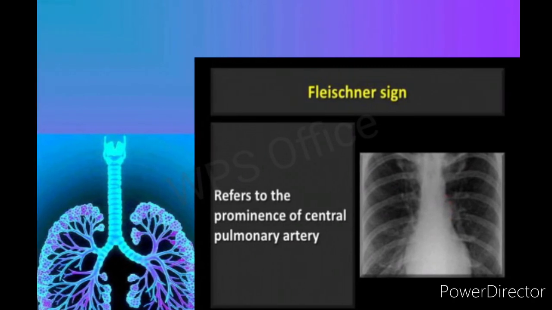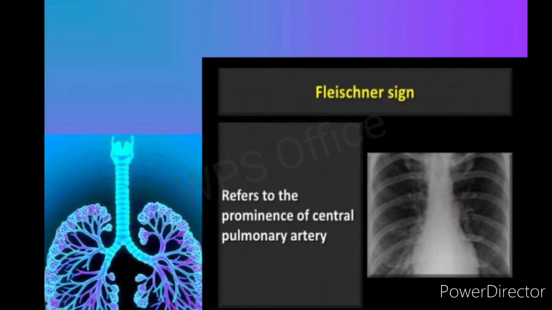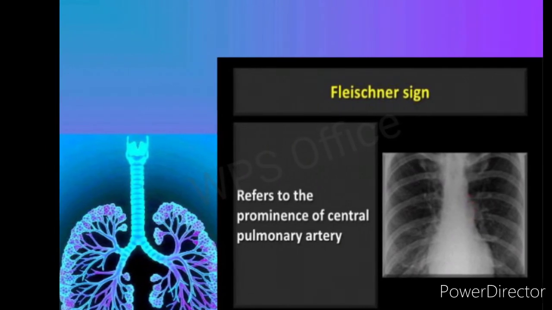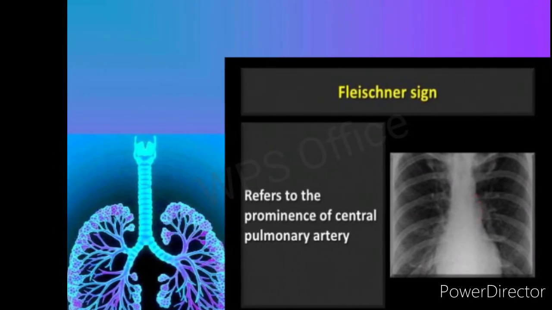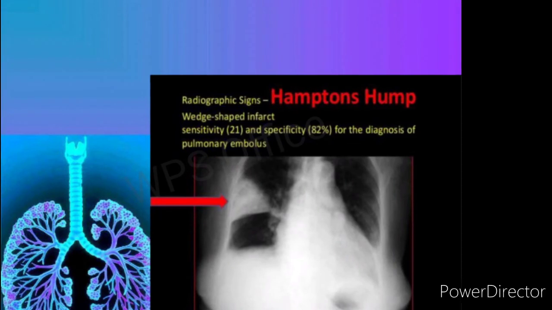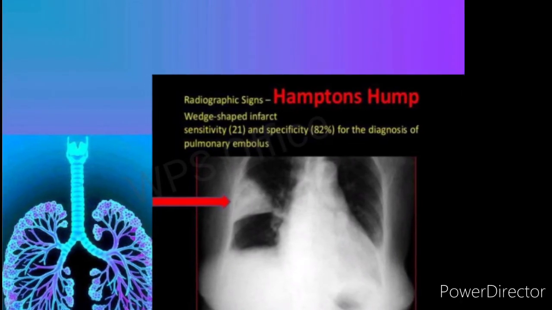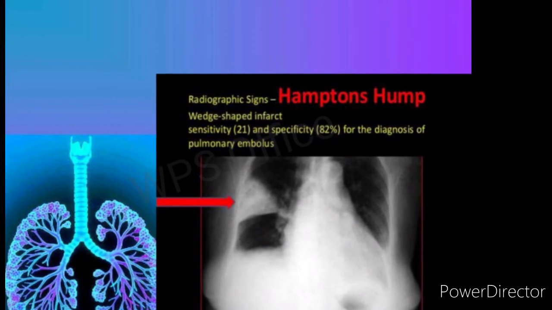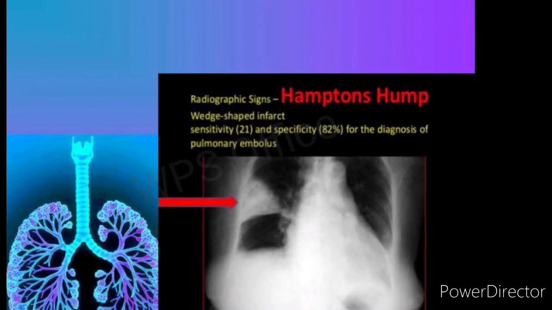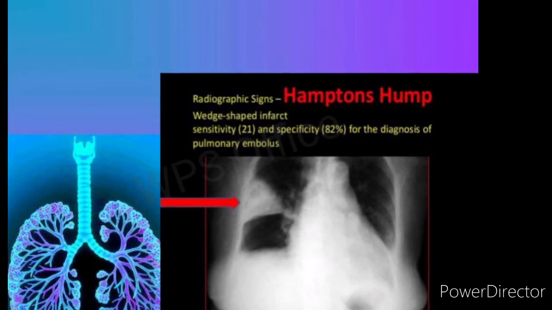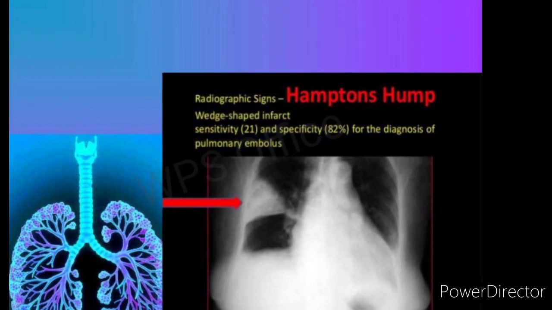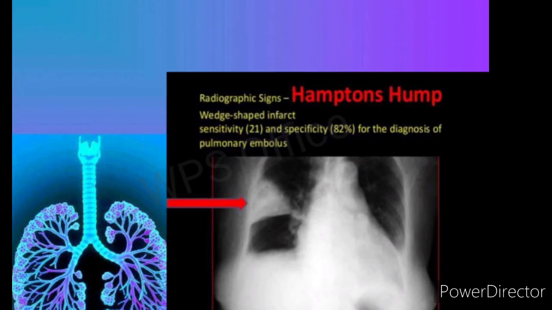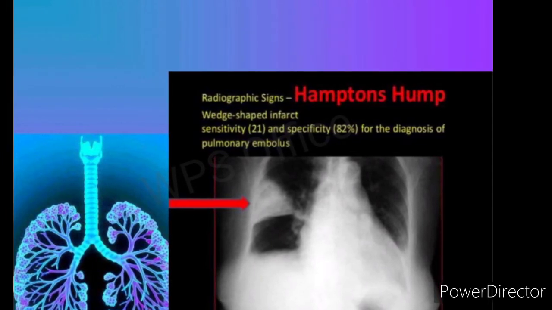So when there is an enlarged pulmonary artery in the chest x-ray, then we can confirm. Then in Hampton's hump, there will be a wedge shape opacity. That means a triangle shape opacity will be seen in the chest x-ray, in the periphery of the lungs, that means at the outer corner of the lungs. It may be on the left side or the right side.